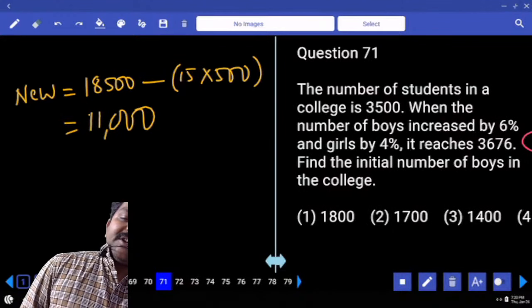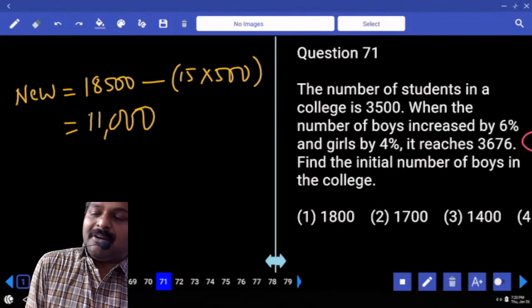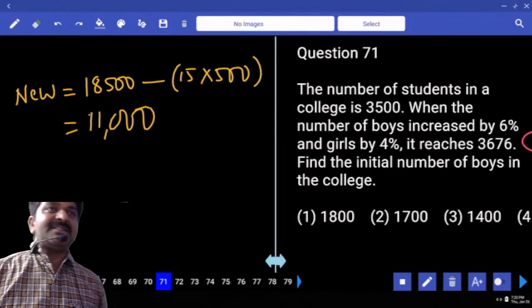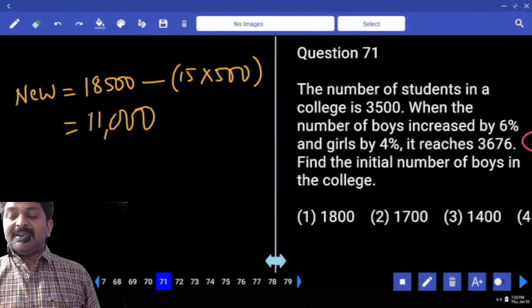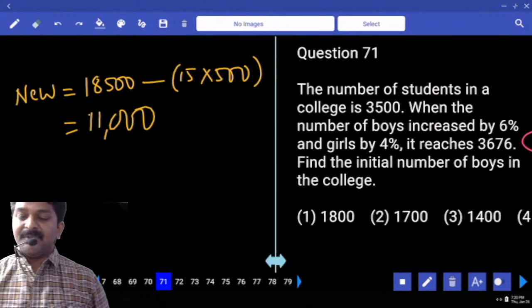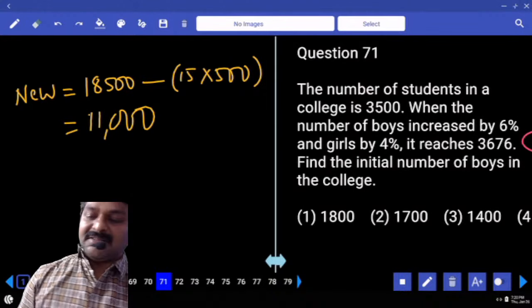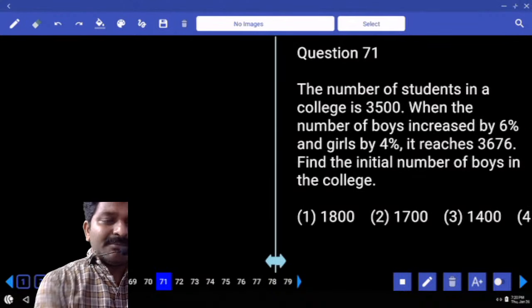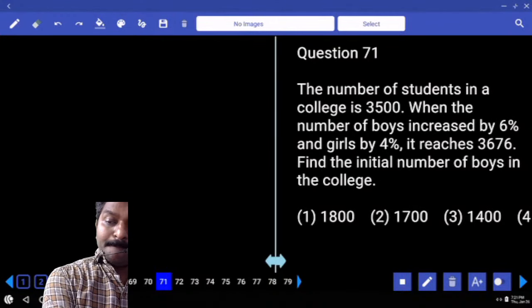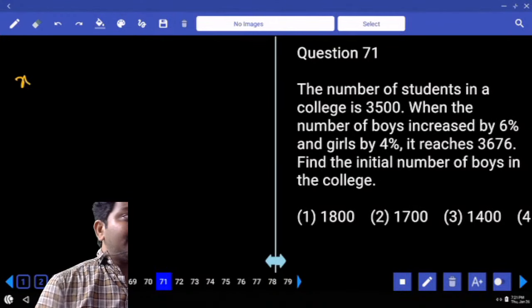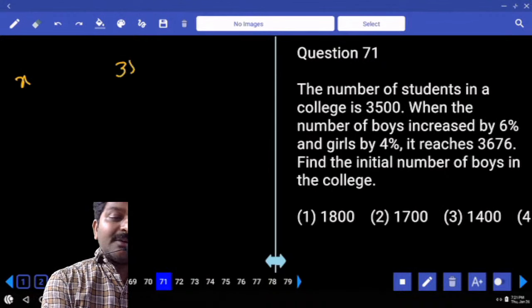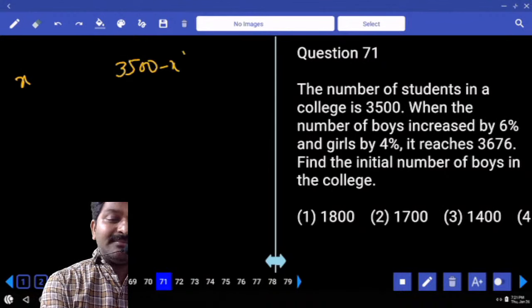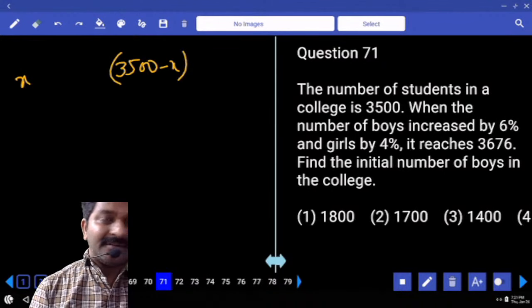The number of students in a college is 3,500. When the number of boys increased by 6% and girls increased by 4%, it reaches 3676. Find the initial number of boys in the college. Right. So now you can go with the equation method, where the number of boys is x, and girls become 3,500 minus x because the total is 3,500.